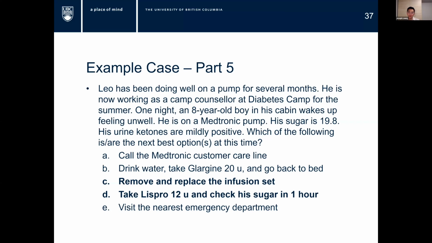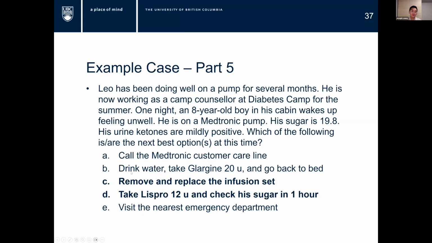Even on a Friday evening, we can call a customer care line, and by Saturday morning there is a delivery person delivering a new pump to one of the campers. So it's not a wrong thing to do, but in the middle of the night like that, it might not be the best option. They might give you some advice that might include CRD as well, for example.